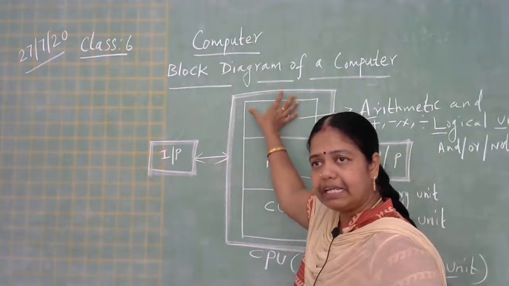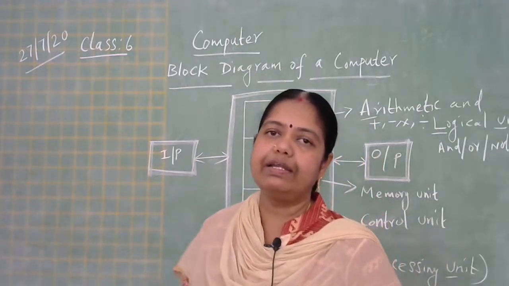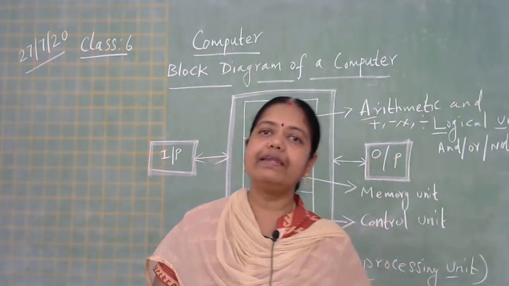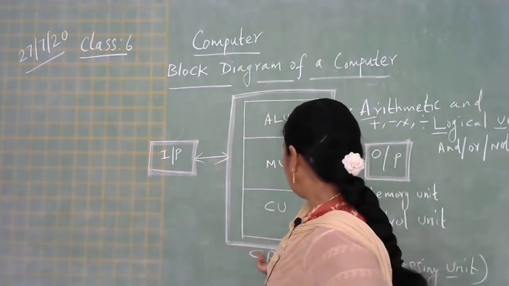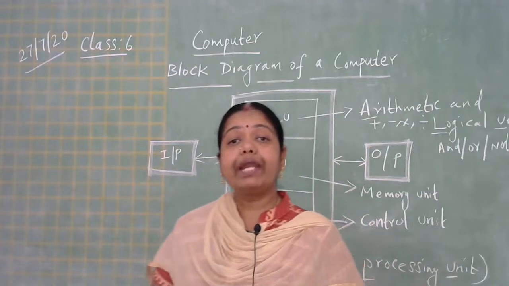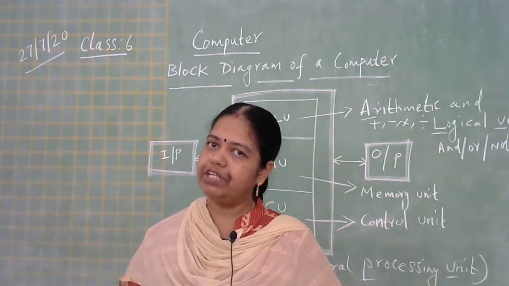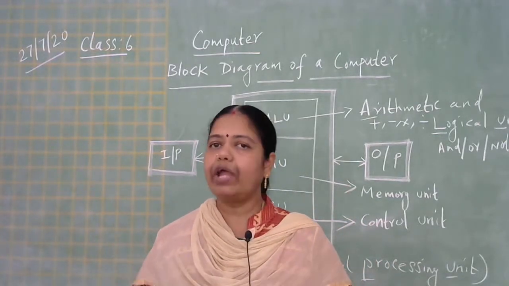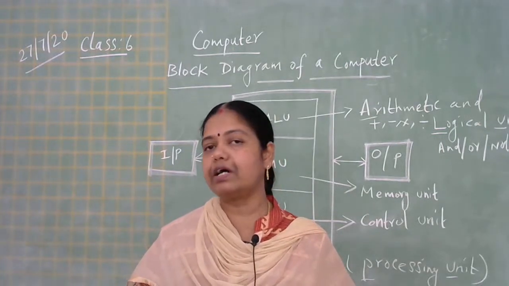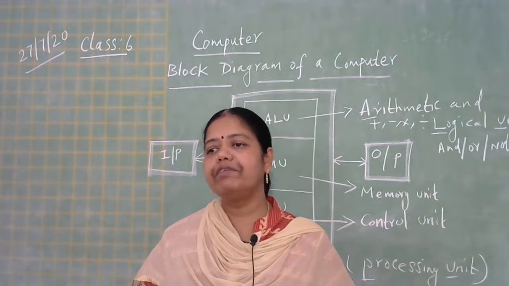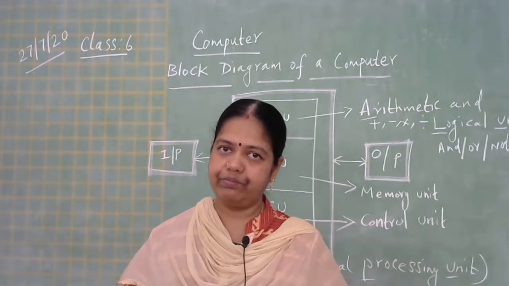The combination of these three is called the CPU, Central Processing Unit. Also, it is called the brain of the computer. Without a brain, we can't do any of the functions. Same way, without CPU, we can't do any of the work with the help of the computer.